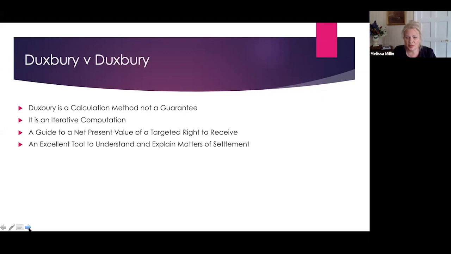So the key aspect of what it can do is it can calculate a level of income stream necessary to convert into capital, or vice versa, it can convert capital into what is going to be generated from a necessary income stream. So as I said, it's very important to know what Duxbury is. It is a method of calculation.